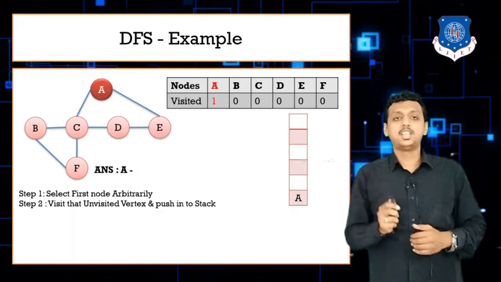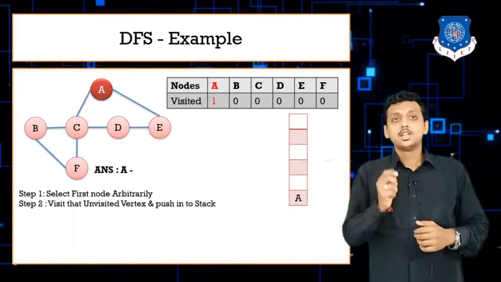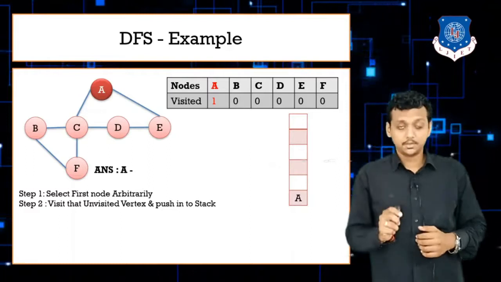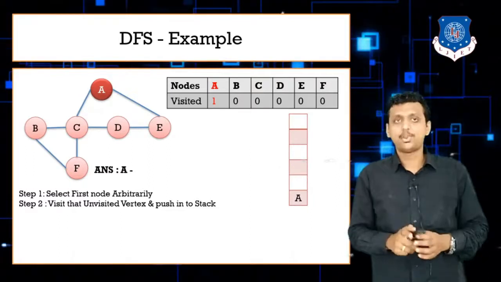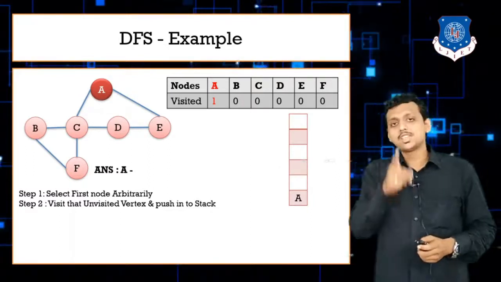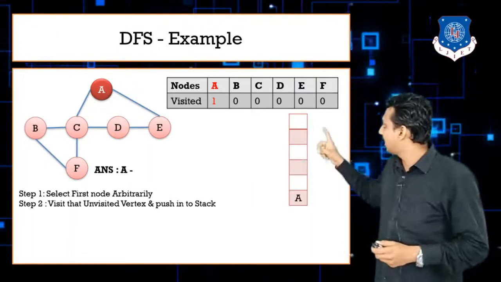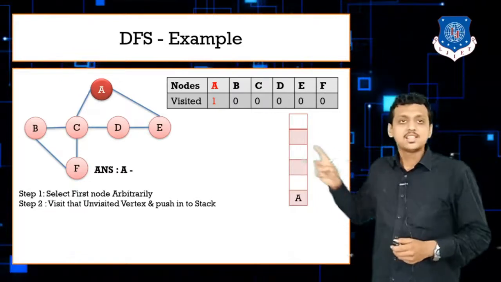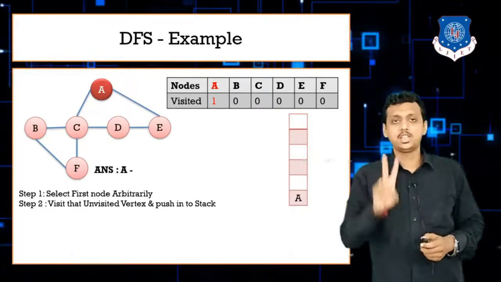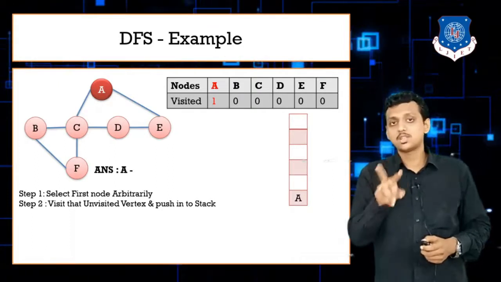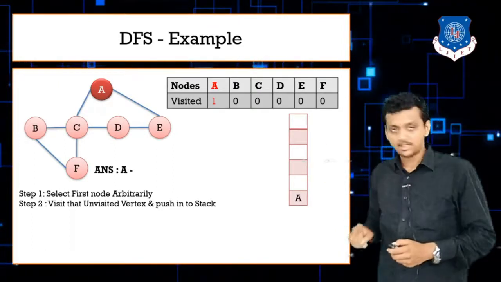Now step number 3 is find out any unvisited adjacent node, arbitrarily. See, how many adjacent nodes are there for A? For node A, students, we have C and E as adjacent nodes. See, 2 adjacent nodes are there for node A, C and E. Fine.